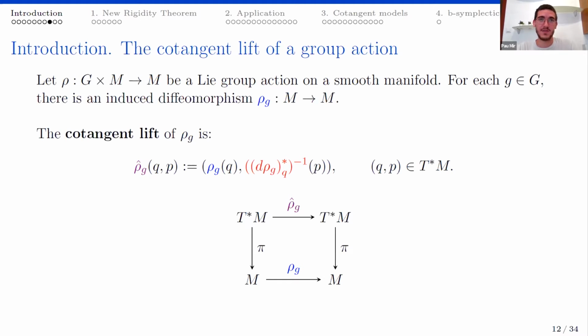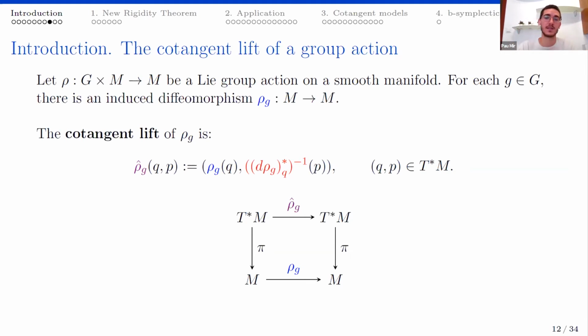As you can see, it's determined by the action on the base, but it offers another approach because one of the interesting properties of the cotangent lift is that even though the action can be of a compact group on a compact base, when you do the cotangent lift, you are already acting on a manifold which is non-compact, which is the cotangent bundle. So it can generalize results of compact groups on compact manifolds to results of compact groups on non-compact manifolds.